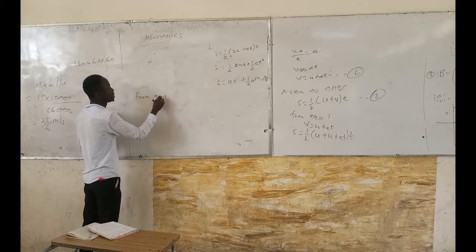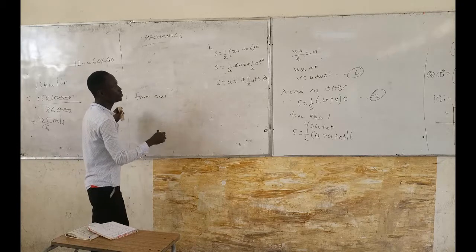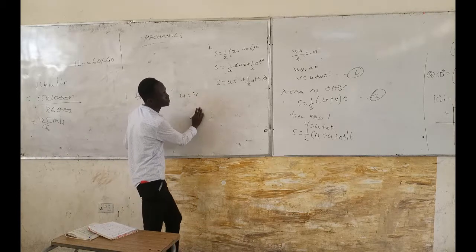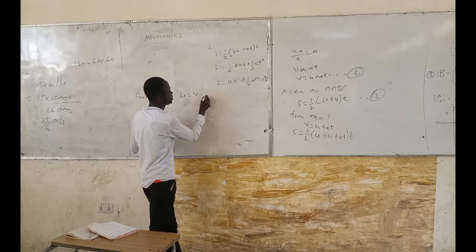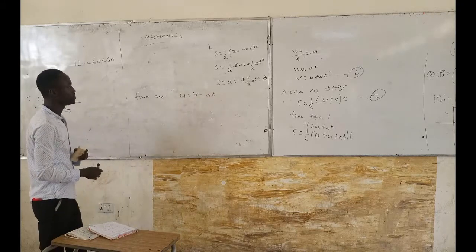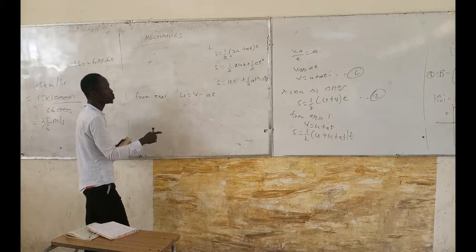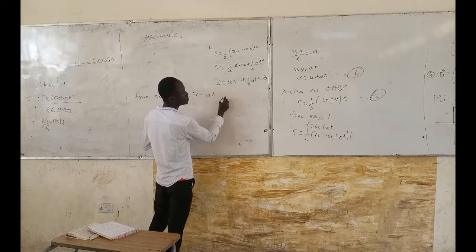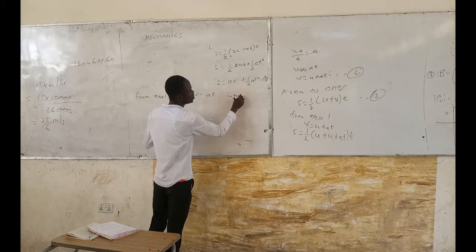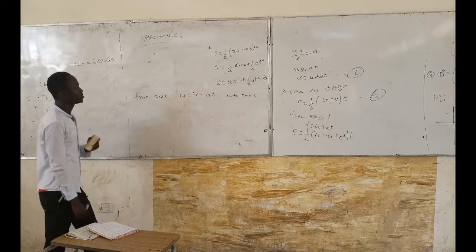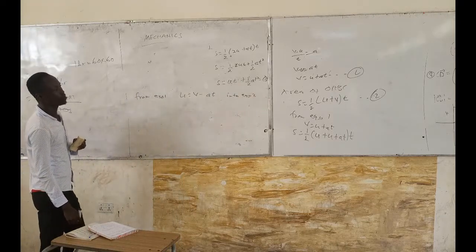From equation 1, we know that U will be equal to V minus at. Let's substitute that in place of U into equation 2.